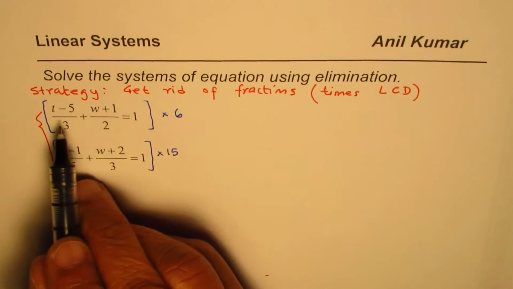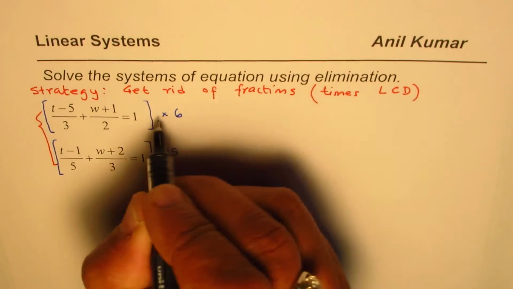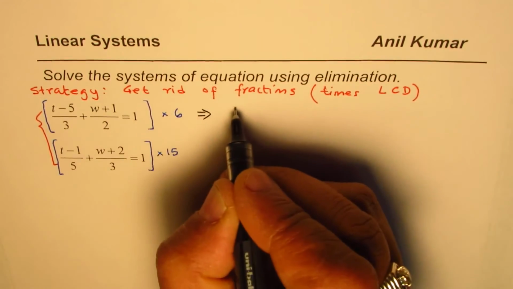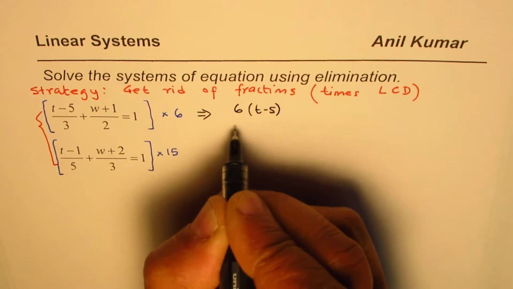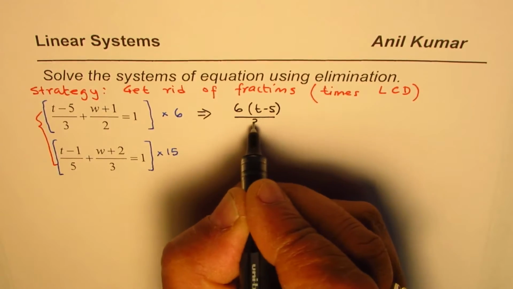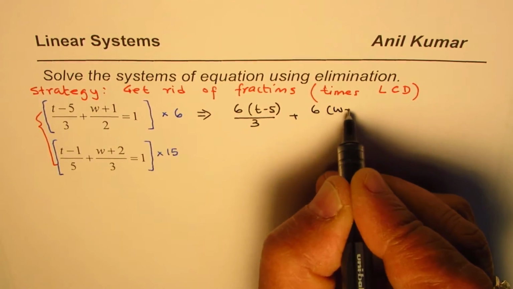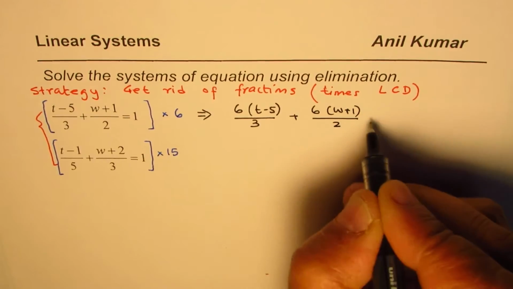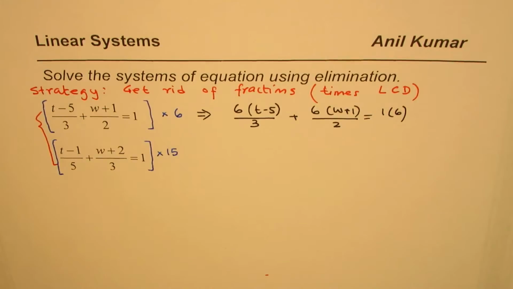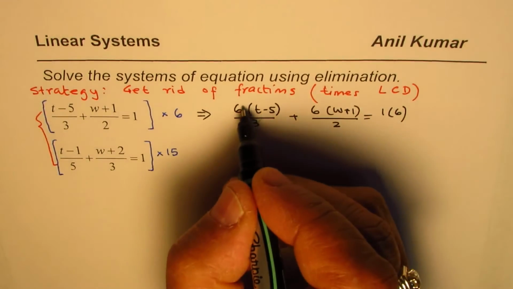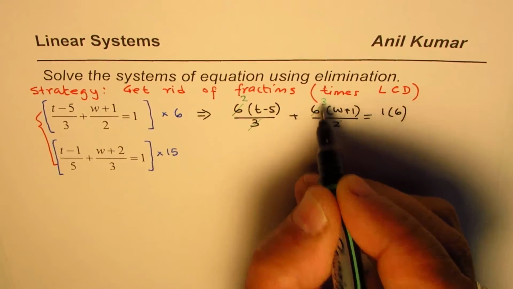So let us see how. If you multiply every term by 6, what do you get in this equation? You get 6 times (t minus 5), good to put them in brackets, divided by 3, plus 6 times (w plus 1) divided by 2 equals 1 times 6. Now you can see 3 and 6 cancel, giving us 2 here, and 2 times 3 is 6.